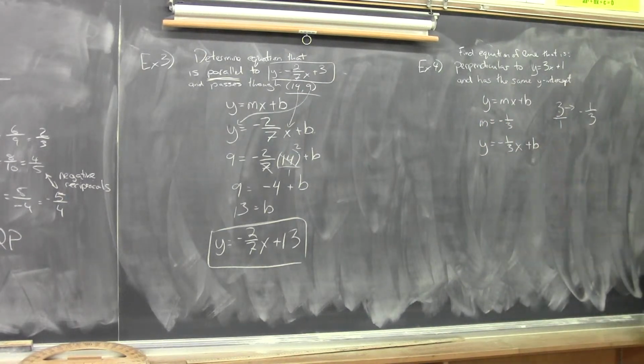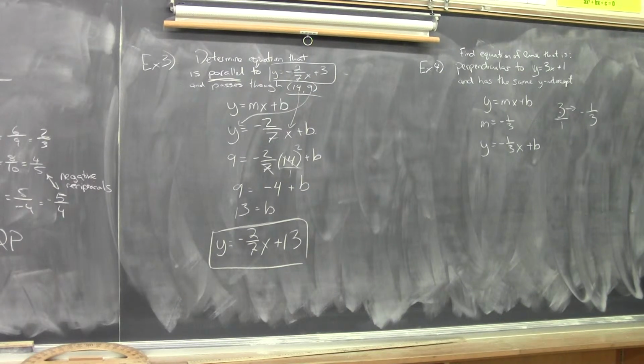Now how do we find b? Oh, wait, we don't have a point to plug in, so how do we find b? Come on, guys. Did you read the question, Ryan? Can you read it out loud?